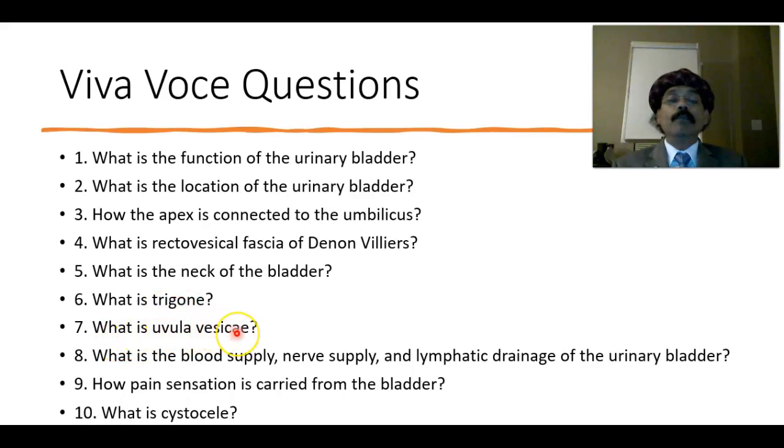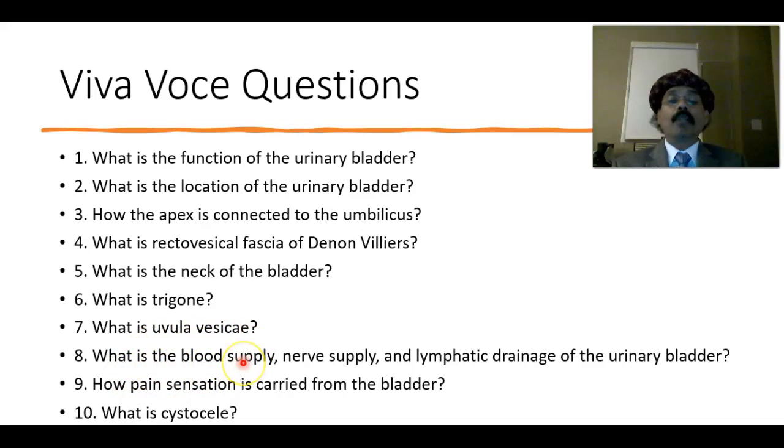What is uvula vesicae? In males, sometimes the prostate gland is enlarged, it protrudes into the bladder, it pushes up the trigone area. That is called uvula vesicae.